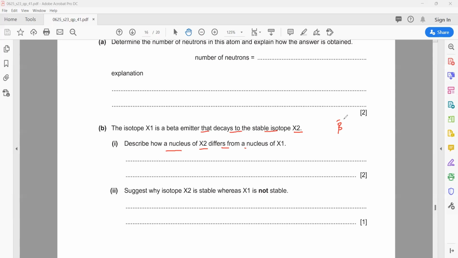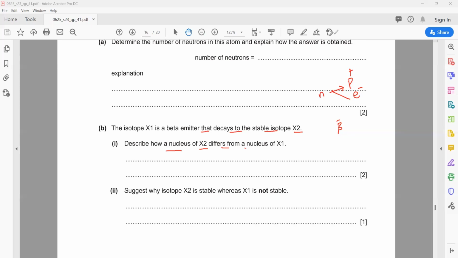One neutron is converting into what? One proton plus one electron. Understand? Okay.